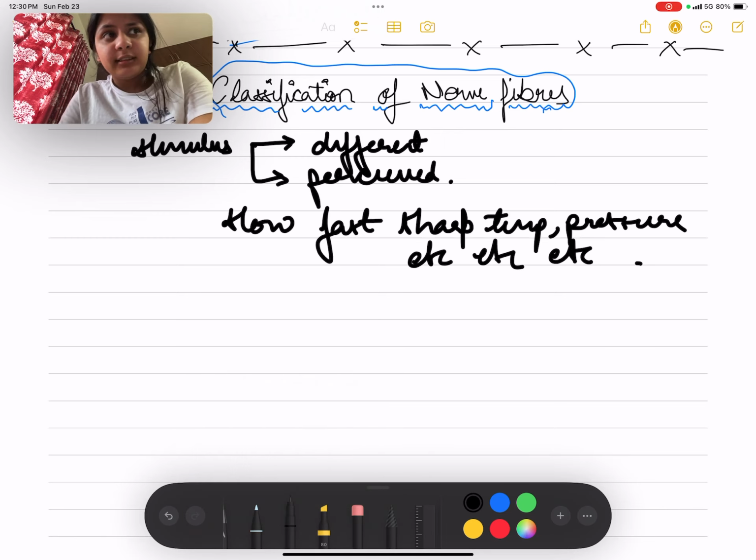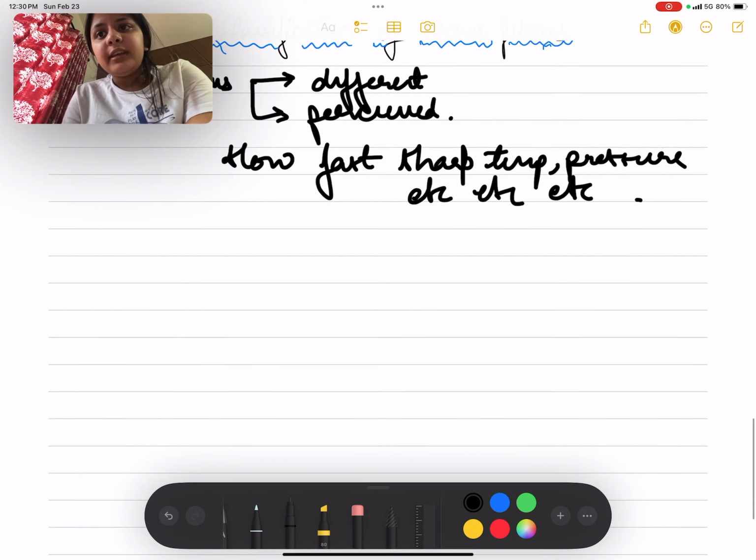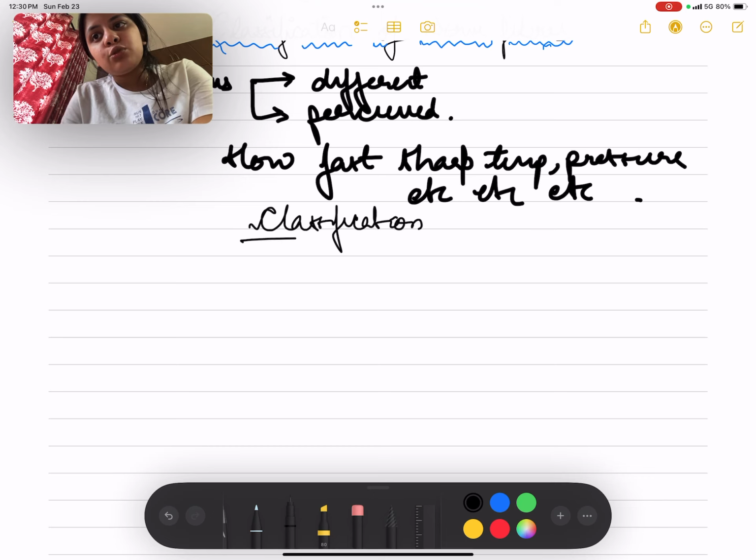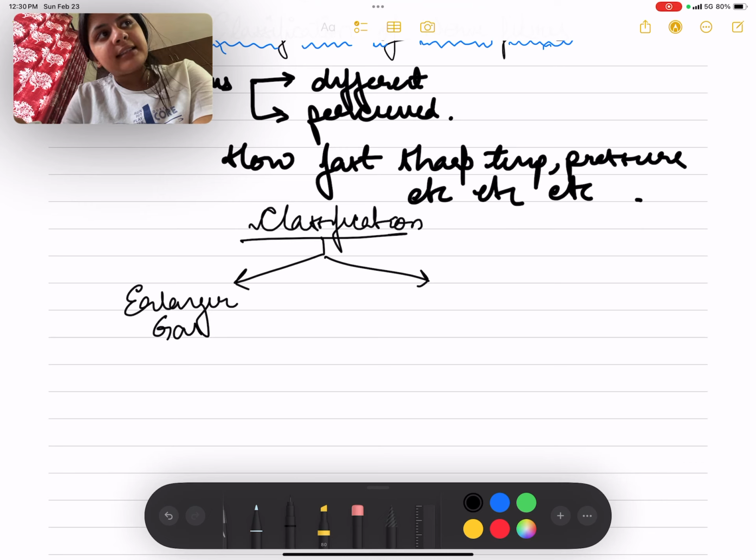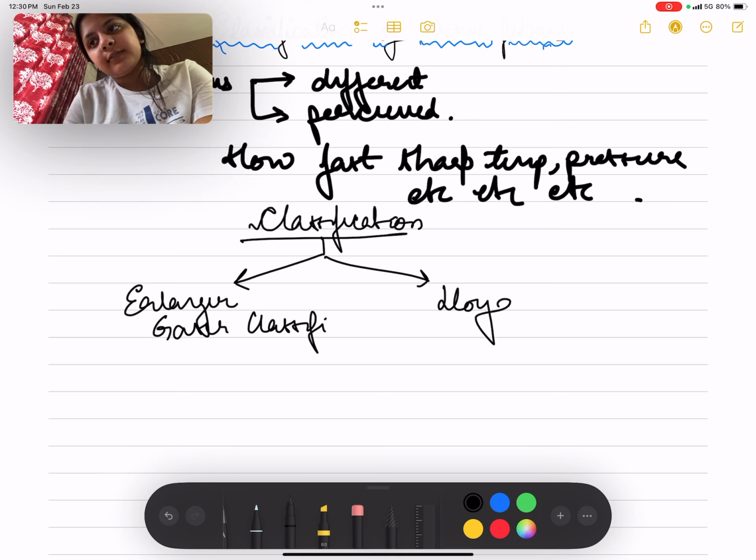We have a topic as classification of nerve fibers, and the classification was given in two ways. One is the Erlanger-Gasser classification, and the other is the Lloyd-Hunt classification.